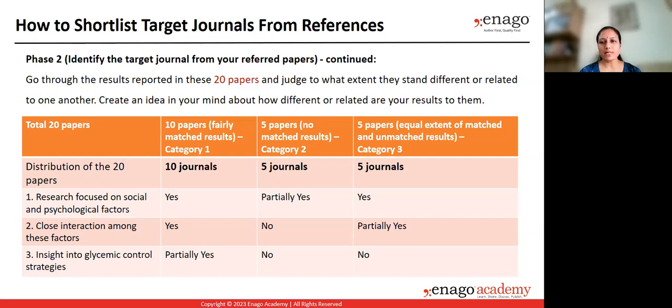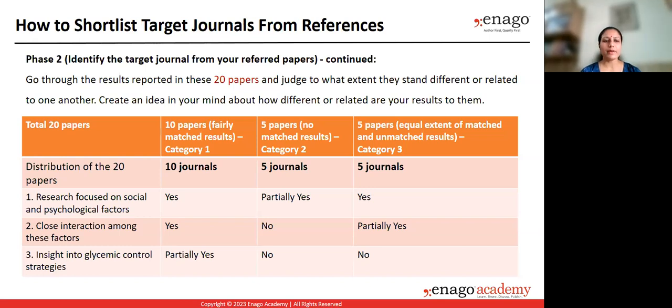For a visual representation, we have shared a table here where the essential research points that we have considered are on the left-hand side, in the first column. The first point is research focused on the social and psychological factors in these papers. Second, whether the authors have discussed close interactions among these factors.